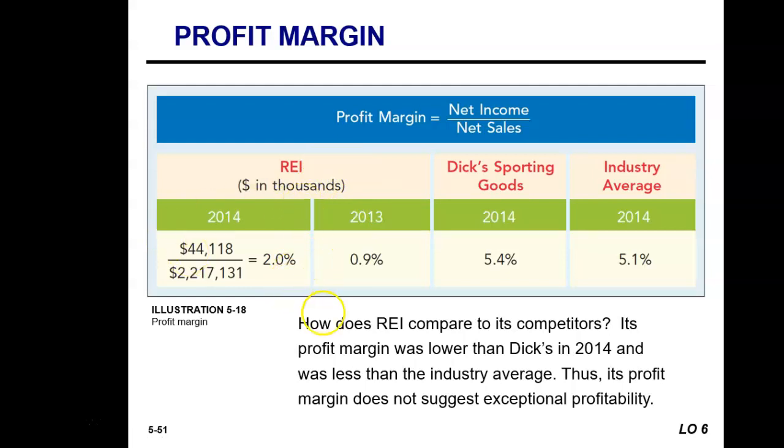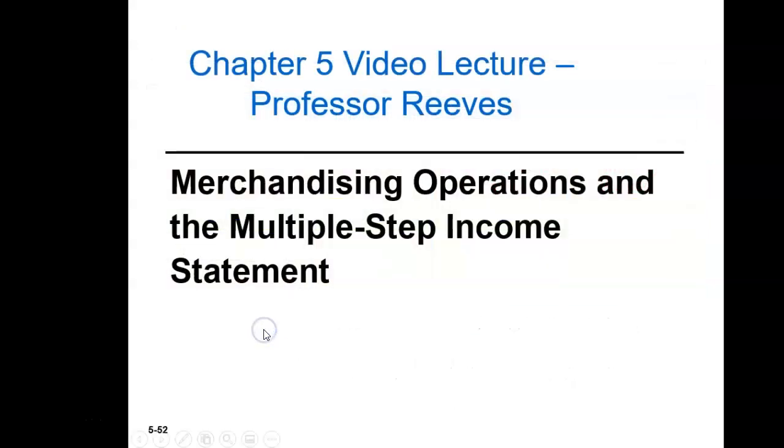So REI has higher operating expenses than Dick's Sporting Goods, causing them to have a lower profit margin. Okay, so we use this type of information from an accounting standpoint as an analyst to try to figure out how we can reduce those operating expenses in order to increase our profit margin.